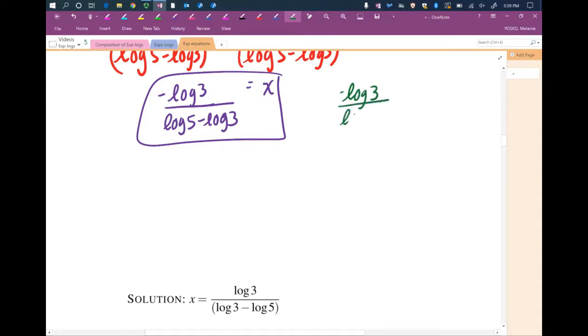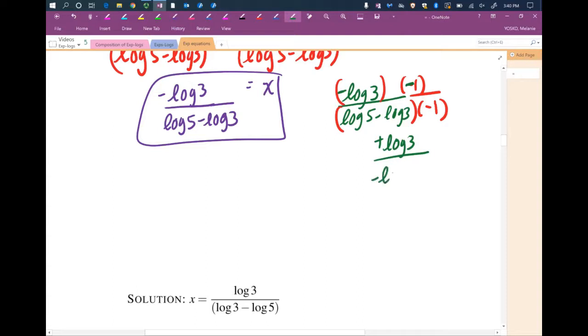negative log 3 over log 5 minus log 3, and what if I multiply by the number 1? I'm going to multiply by the number 1, but I'm going to pick a special number 1. What if I multiply the top by a negative 1, and I multiply the bottom by a negative 1? Well, I'd get a negative here and a negative here on top. That would give me a positive log 3.